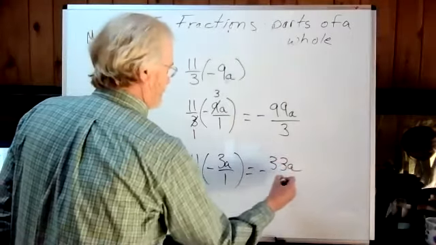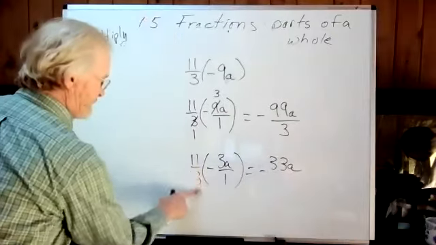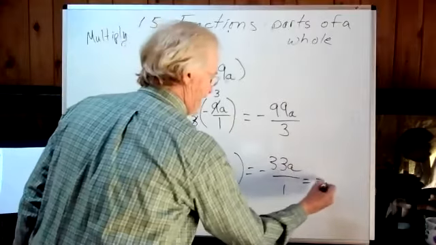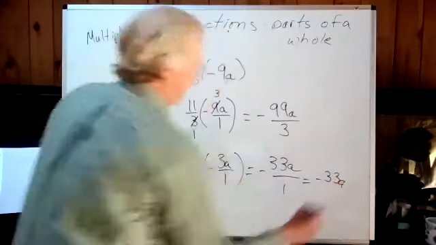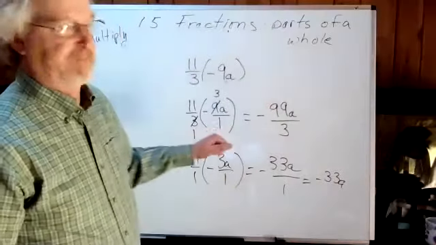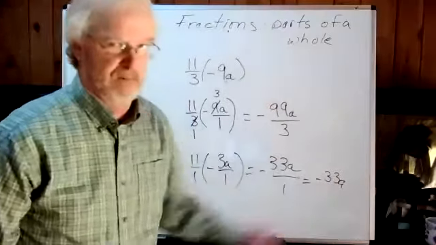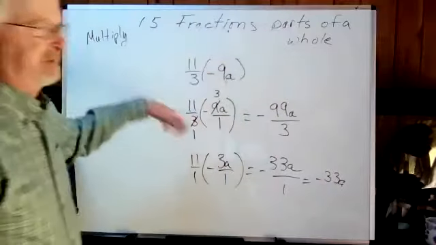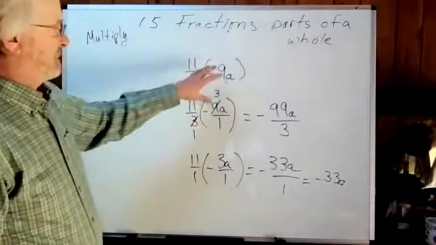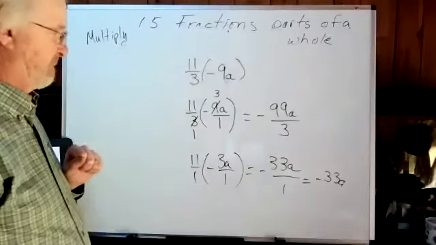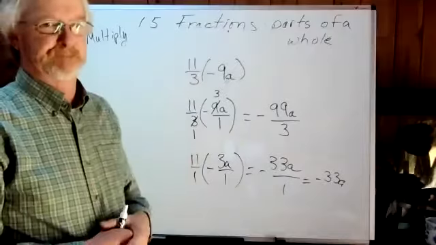Whoops, I'm sorry, that should have been a 1. 33a over 1, or just negative 33a. Notice at this point we would try to divide both of those by 3 and get the same 33. So this was, as an example, just because it looks a little messier with the negative and with this variable stuck in, but it's really similar to the last couple.